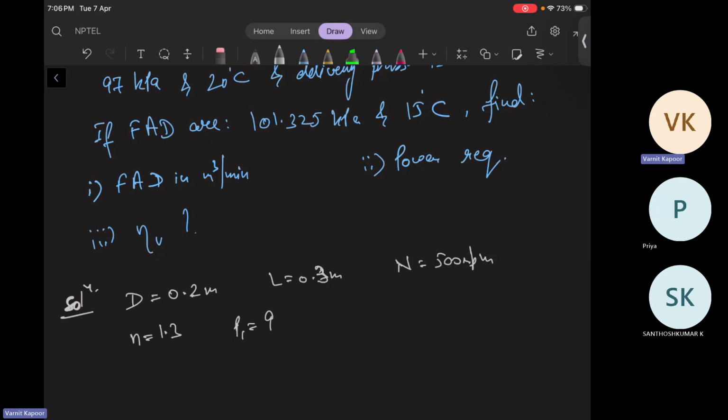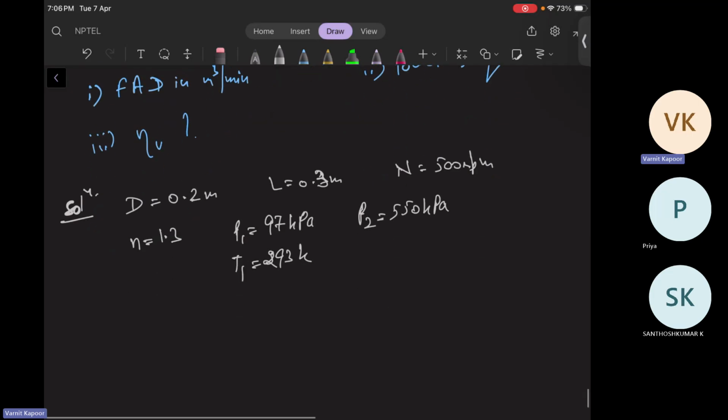P1 is given 97 kilopascal. T1 is given 293 Kelvin. P2 is given, delivery pressure 550 kilopascal. Free air delivery conditions are given and clearance ratio, that is 0.05, that is VC by V swept is given to you. Okay. Now let us solve.